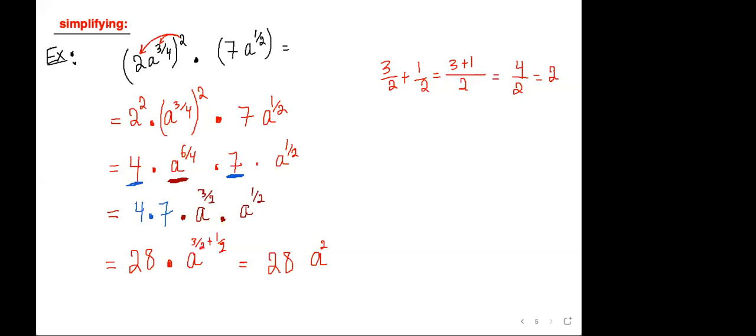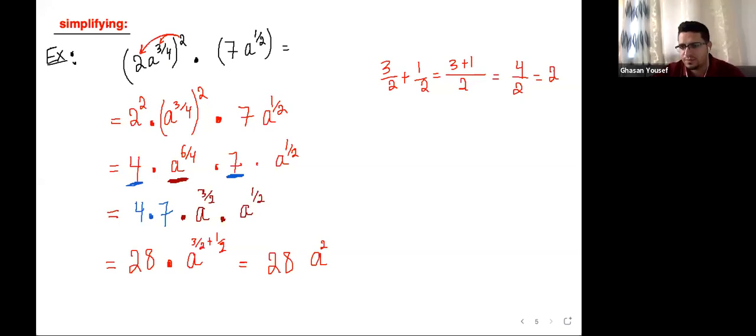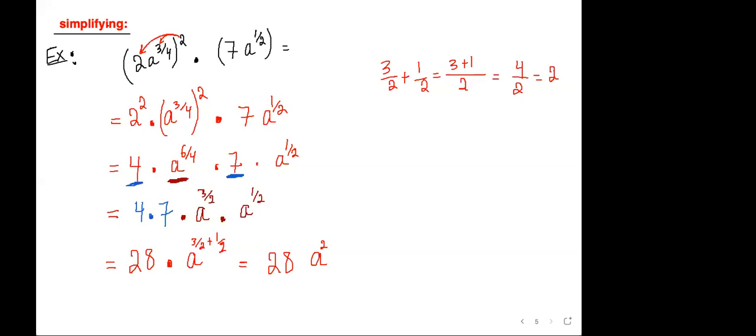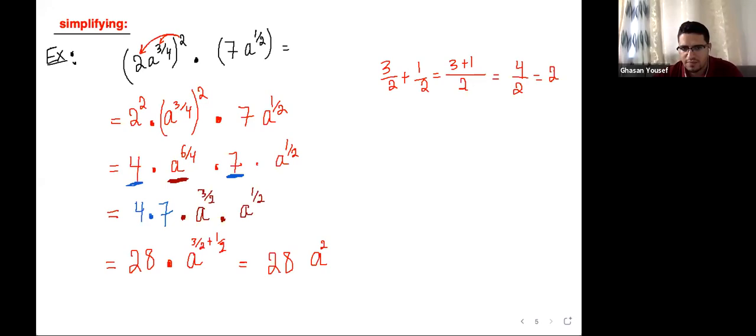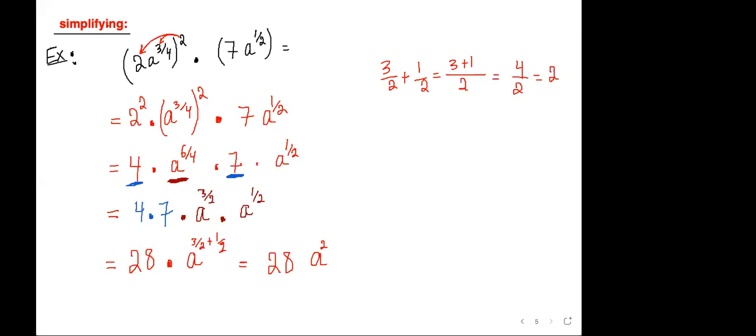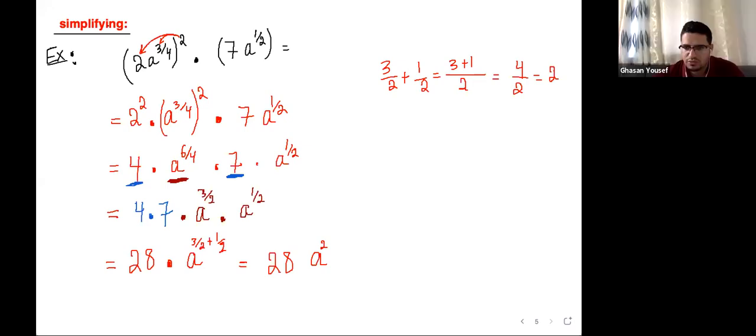Do we keep simplifying, for example multiplying 28 times 2? No, it stays like this. You can keep it like this, 28 a squared, a to the power 2. Do we keep simplifying?